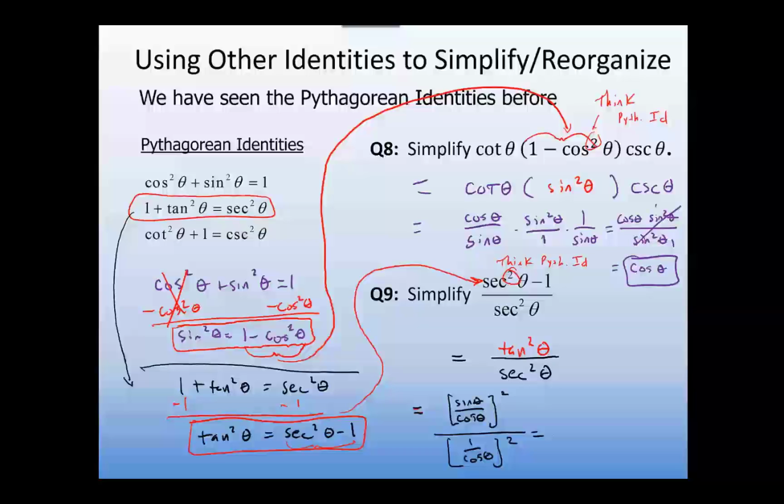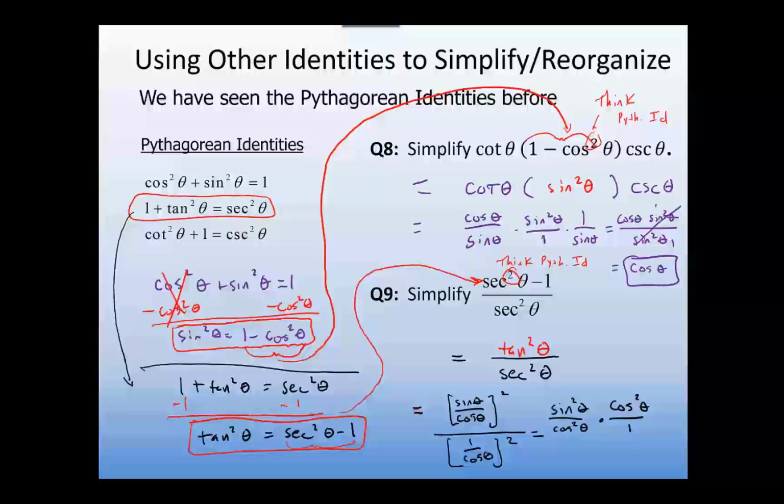Now I have a fraction of fractions, so I'm going to put the second power on everything. But dividing by a fraction is like multiplying by the reciprocal. See how the denominator flipped? Because that's what multiplying by the reciprocal looks like.